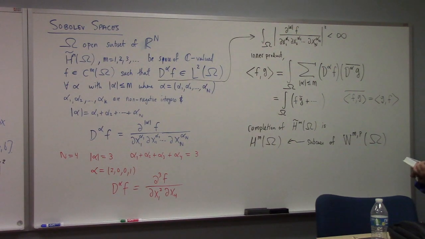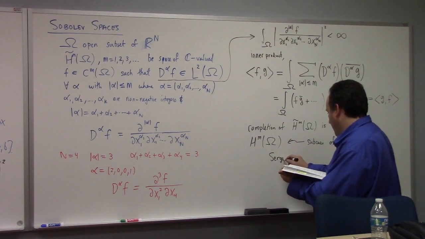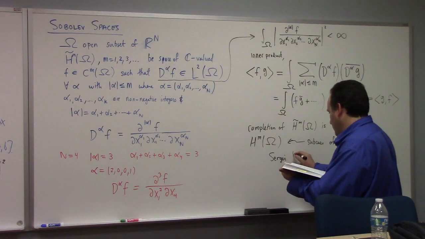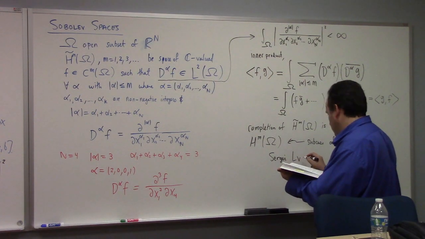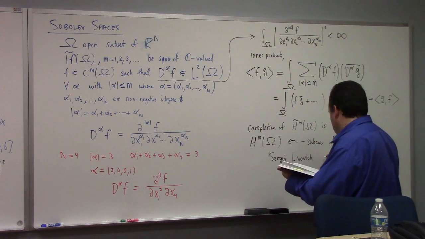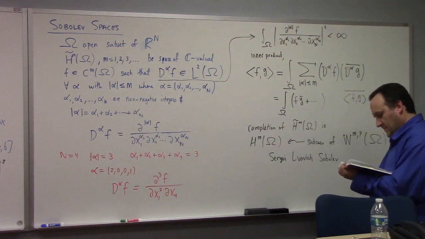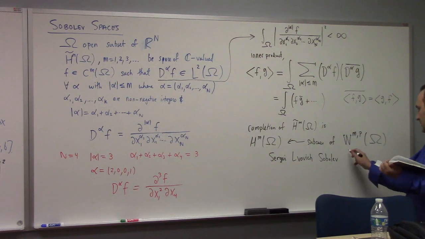I'm assuming p is equal to 2 and m is m. All of this is due to Sergei Lvovich Sobolev, 1908 to 1989.